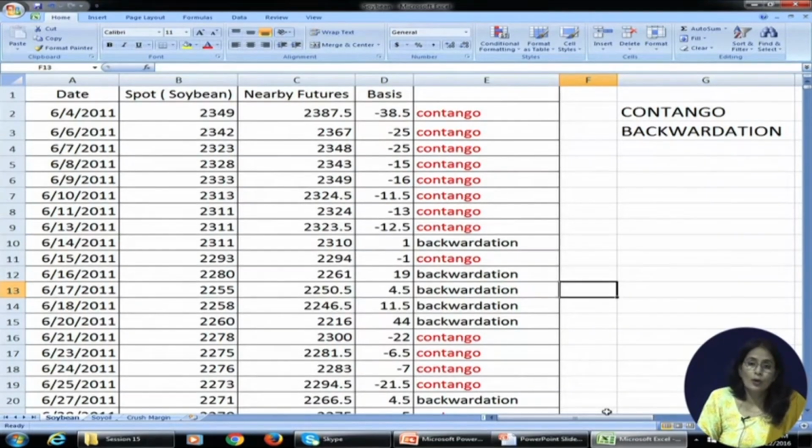Basis, as you recall, is spot minus the futures price. So the basis on the first day of the data I have considered is minus 38.5, indicating spot is lesser than the nearby futures price.